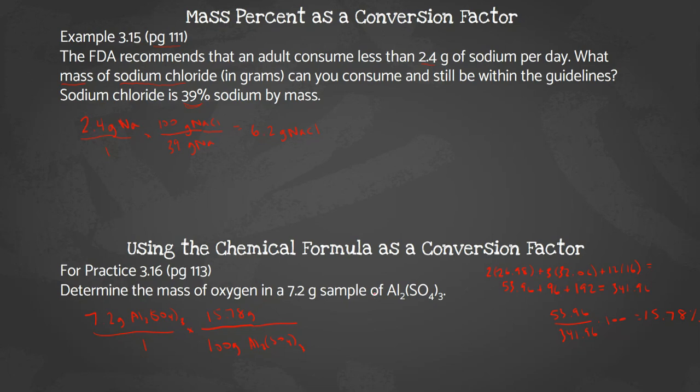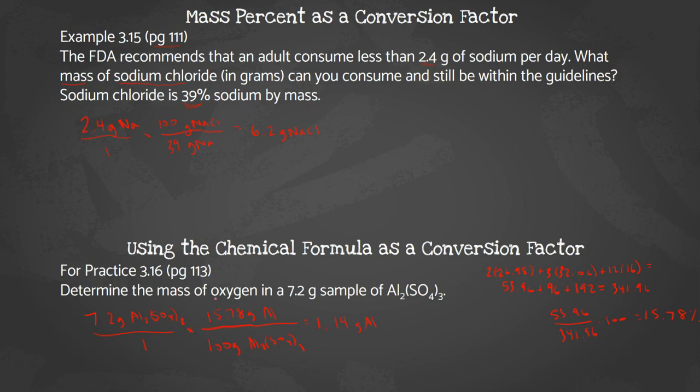I'm just going to keep going with it, of aluminum, let's see what that gets us. 15.78 times 7.2 divided by 100. I really need you guys here to keep me in line. I get sidetracked very easily. 1.14 grams of aluminum.